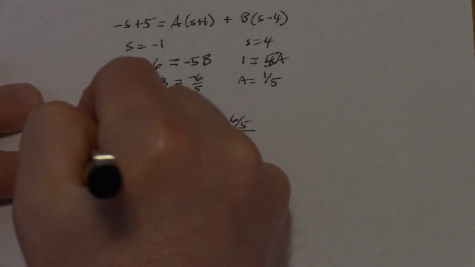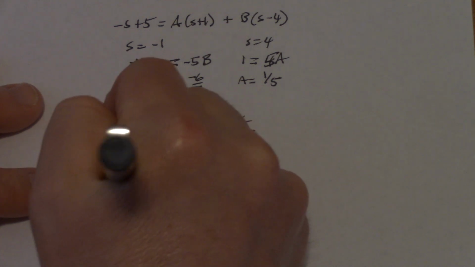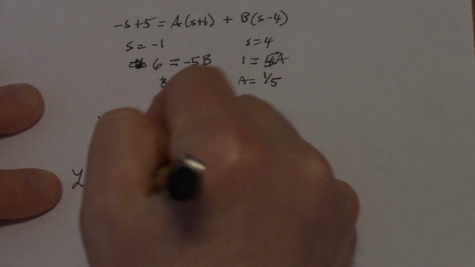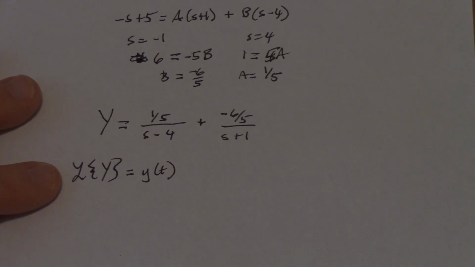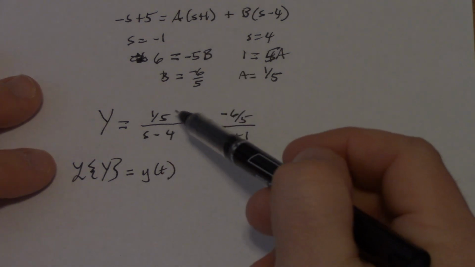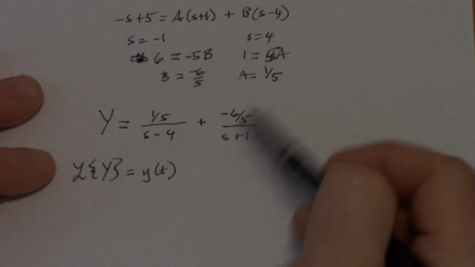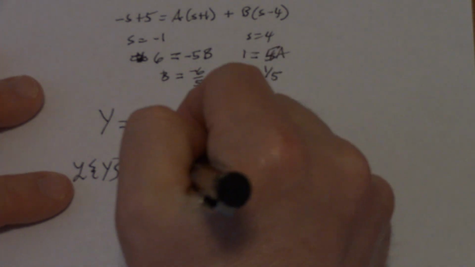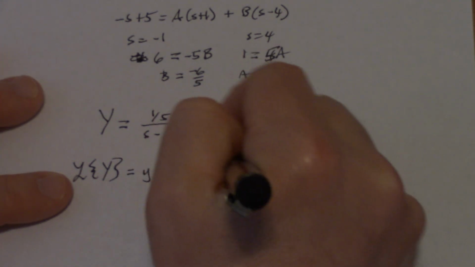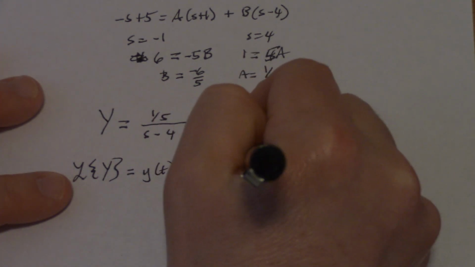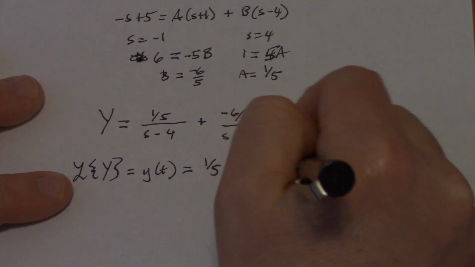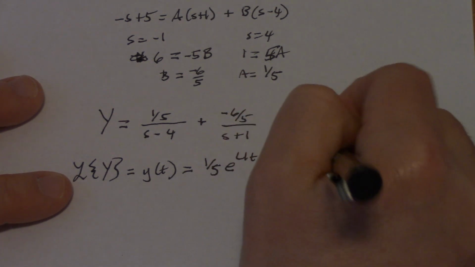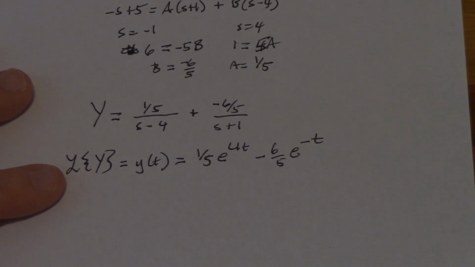So the inverse transform of capital Y, that's y of t. And this is just looking at the table, this is just the one for e. Both of them are. So this is going to be 1/5 e to the 4t minus 6/5 e to the minus t. And that's about the easiest one you're ever going to see.